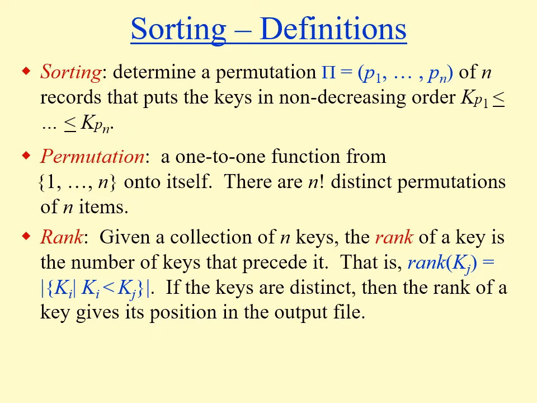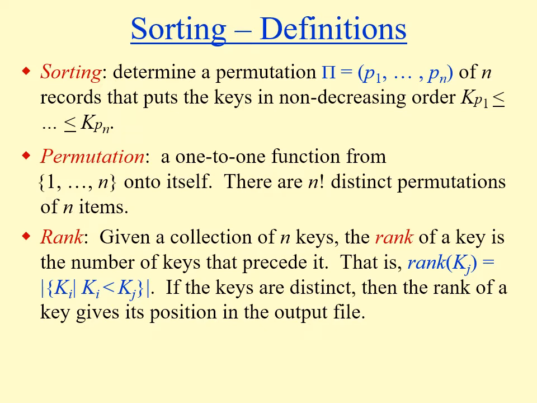So in fact, you just want to do a permutation of the positions, correct? So we say sorting is to determine a permutation pi, p1 to pn, of n records that puts the keys in non-decreasing order.